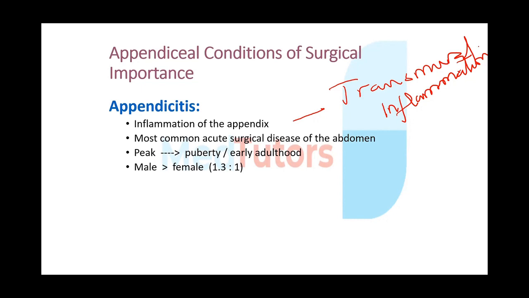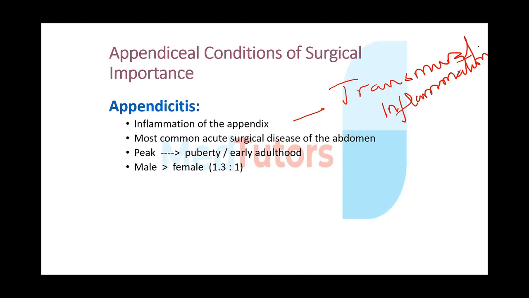And you should know that the diagnosis in these extremes of ages, especially in the neonatal period, is very difficult to make, because the diagnosis of appendicitis is usually clinical. A neonate cannot give you that history, and you cannot demonstrate the signs of acute appendicitis in a neonate.